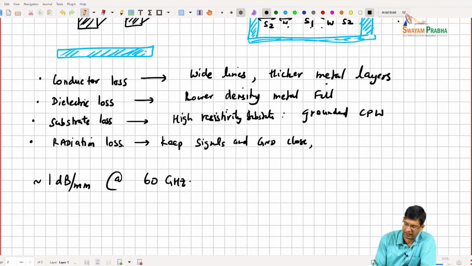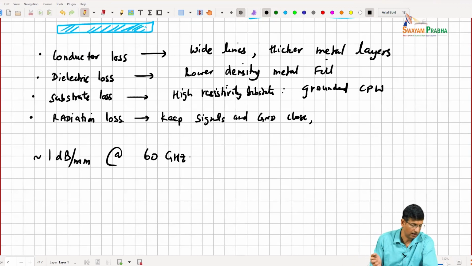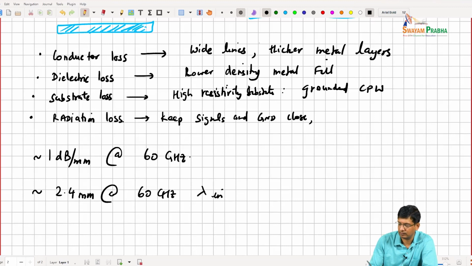And if we then consider the wavelength, effectively what we see is around 2.4 millimeters at 60 gigahertz for lambda of the on-chip transmission line.